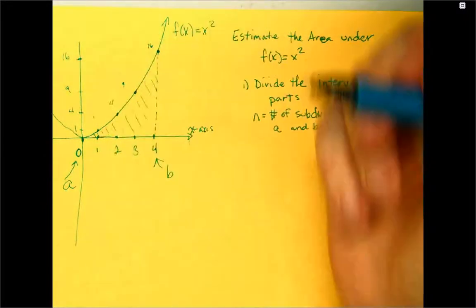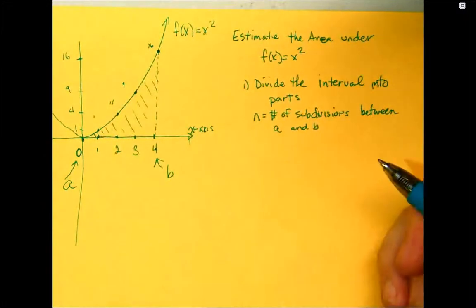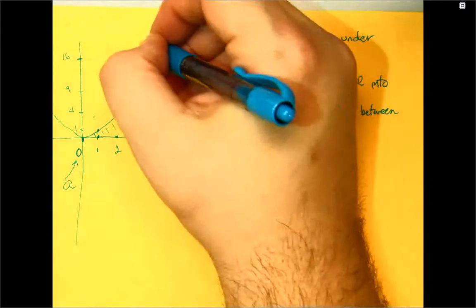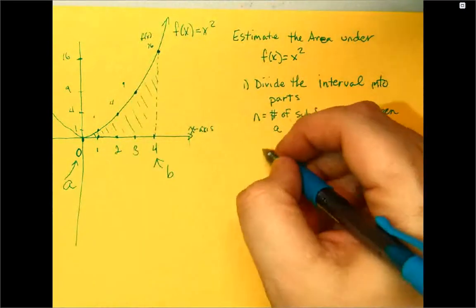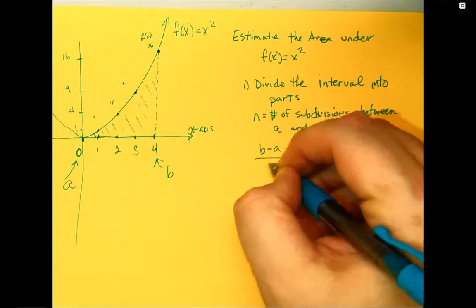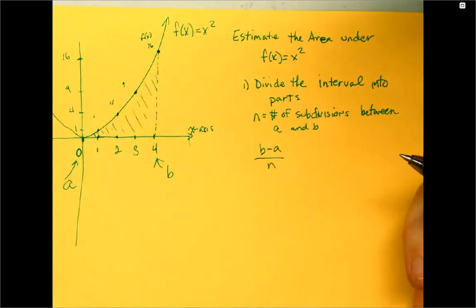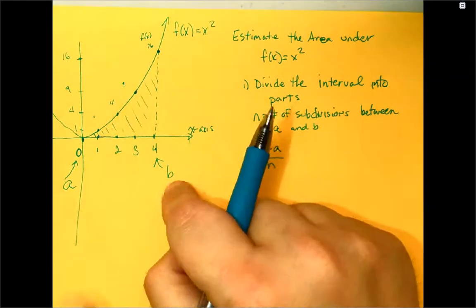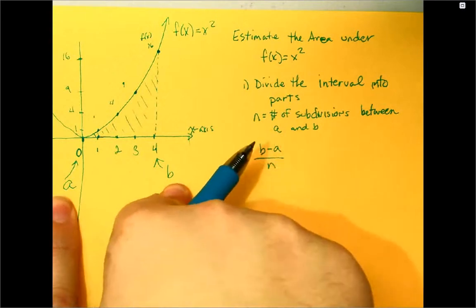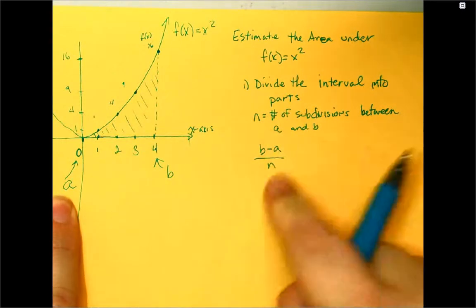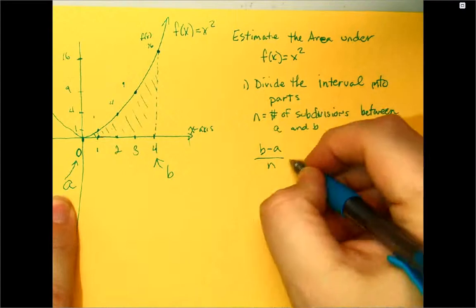Now, the way that you do your subdivision is always going to be b minus a over n. So basically it's going to say, how big is the interval? And then we're going to cut it up into n parts. So in this case, it'd be 4 minus 0.